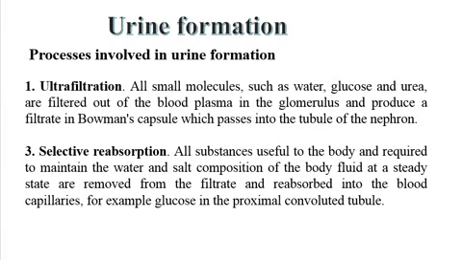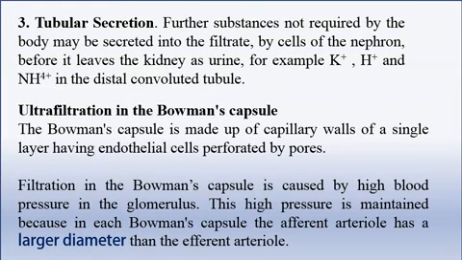We shall see that blood is filtered under high pressure, and small substances like water, glucose, urea, and some ions pass through the Bowman's capsule. Then we shall also look at selective reabsorption, where all substances which are still useful to the body are selectively reabsorbed back into the blood. And lastly, tubular secretion.